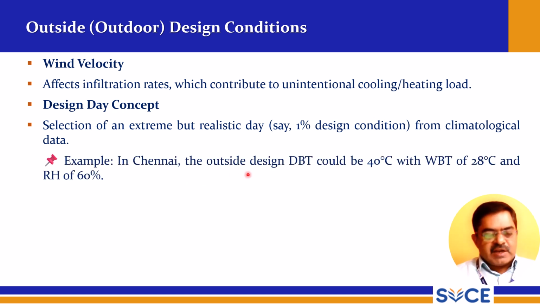For example, in Chennai, the outside design DBT could be 40 degrees Celsius, with a wet bulb temperature of 28 degrees Celsius and relative humidity of 60 percent. This is the worst scenario we have to assume, and with this scenario we have to design the HVAC system or air conditioning system.